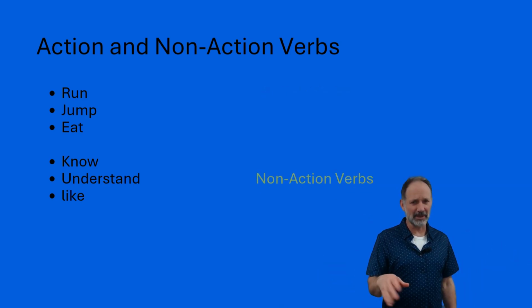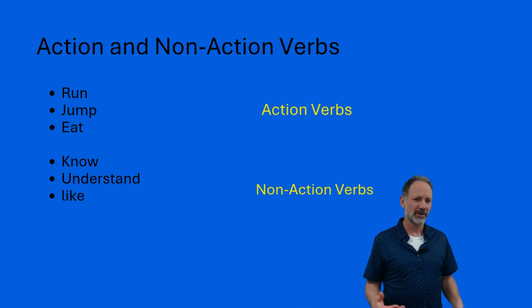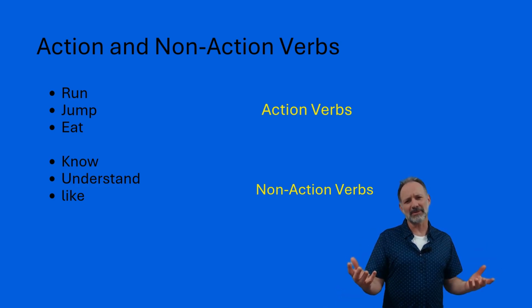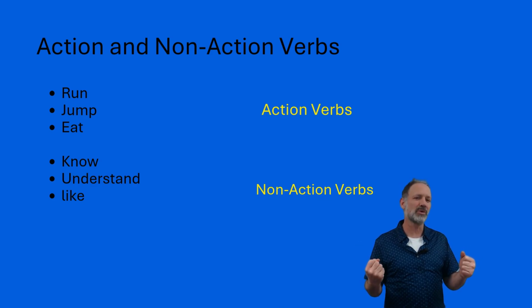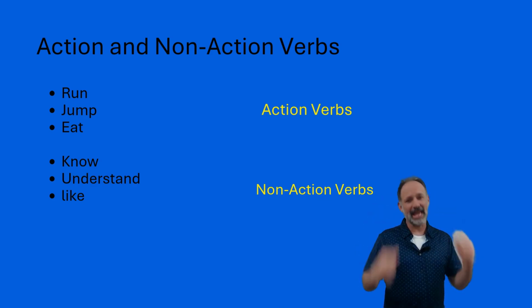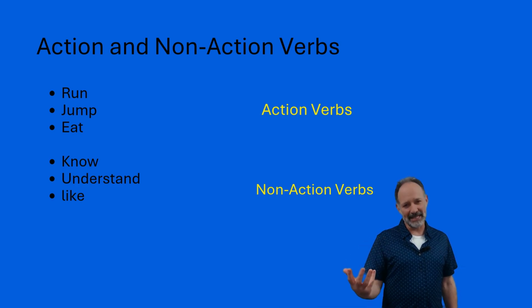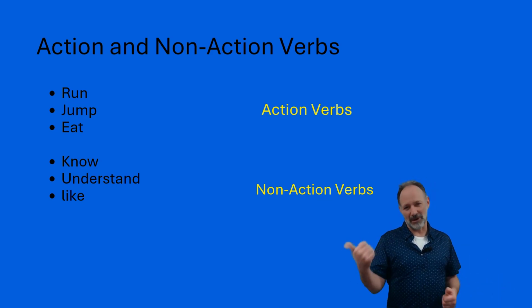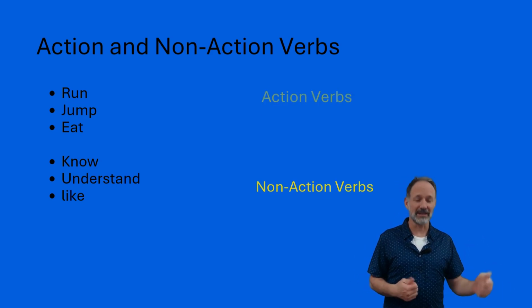But if I get a verb like know or understand or like, those verbs are non-action verbs. I can't really do those things. It's more things that are in my head or my condition or my state. So non-action verbs don't really describe an action. Maybe they describe an opinion or your state.